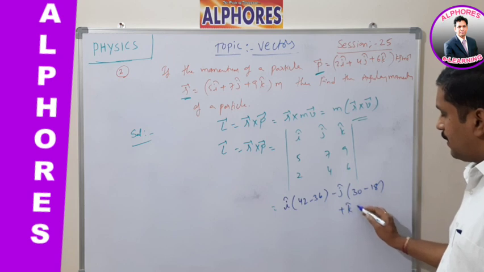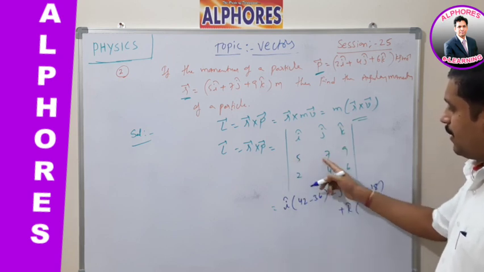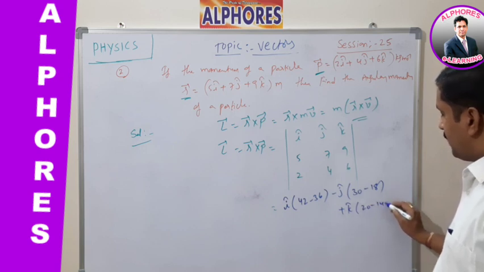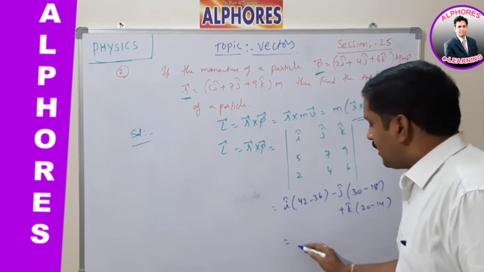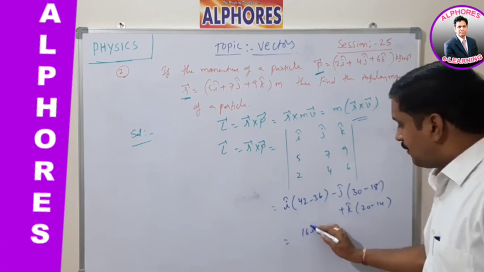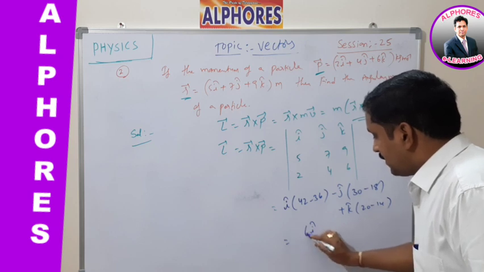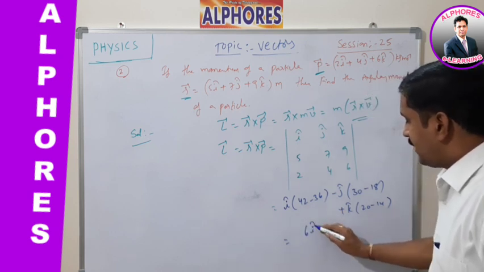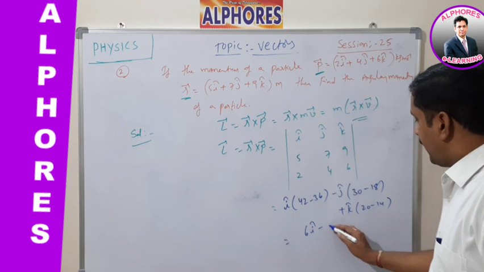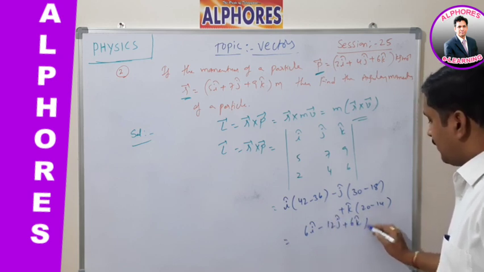Plus k cap into 5 4s are 20 minus 14. That means here the new vector is 6 i cap, since 42 minus 36 is 6 i cap, minus 12 j cap plus 6 k cap.